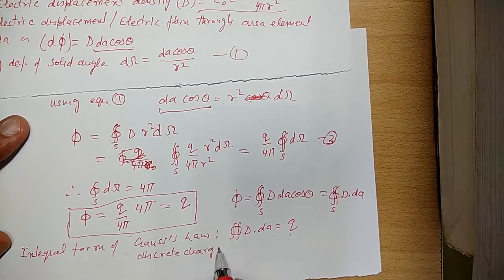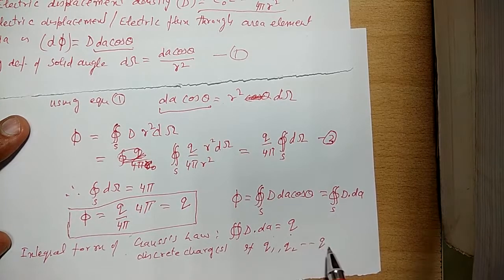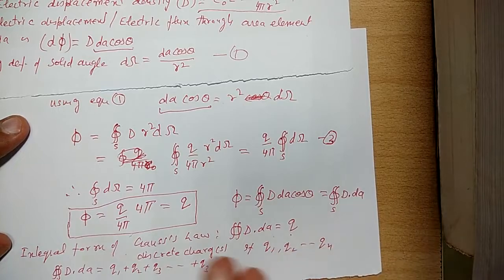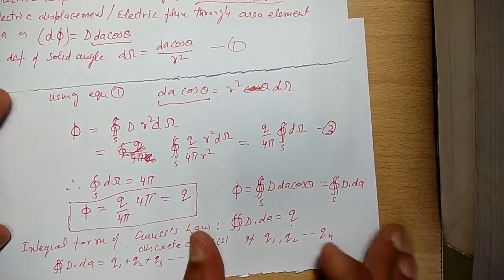So if we have, for example, nth charges q1, q2, qn, then we can rewrite this relation like this: d dot dA is equal to q1 plus q2 plus q3 plus qn, summation of all charges. So this is when we have discrete charges.